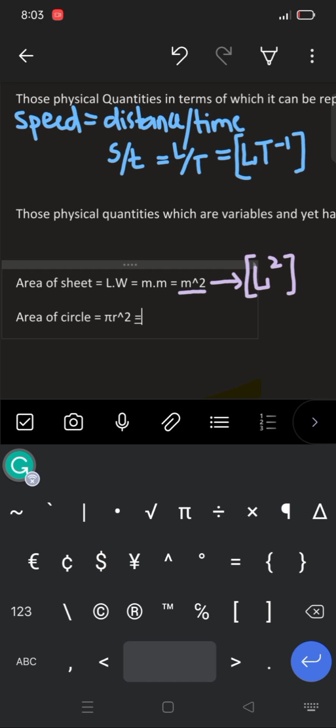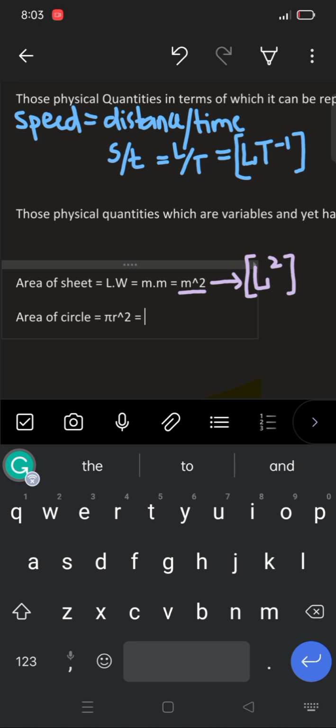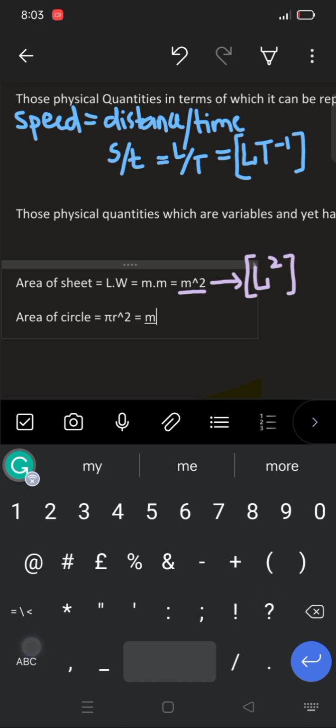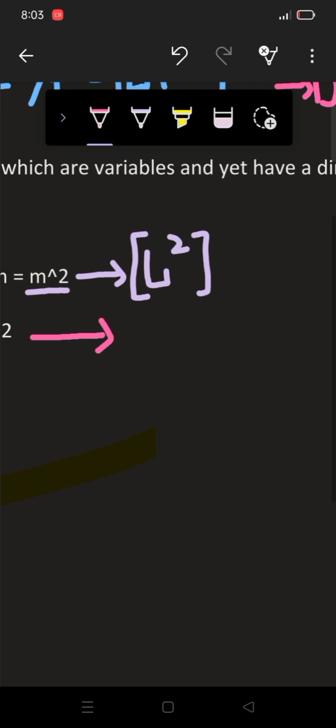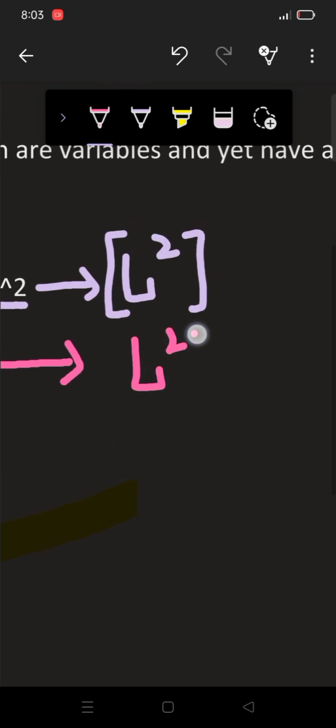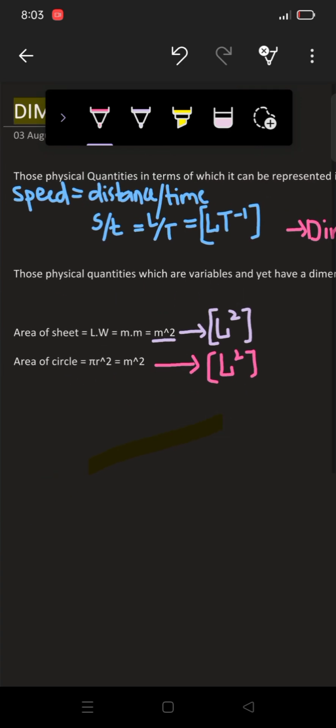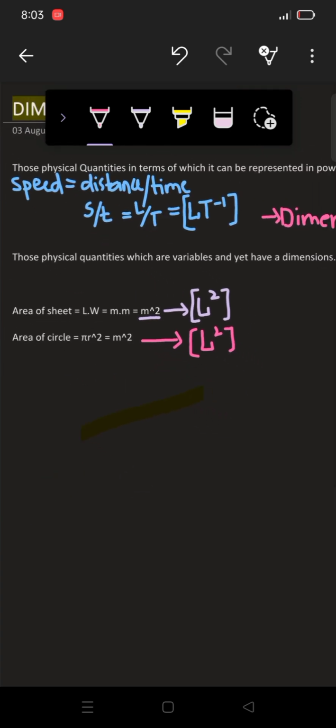So r square, the radius has the unit meter as well, so meter square, and the dimensional formula of this would be again L square. So the dimensional formula of area of sheet is the same as the area of circle: L square, L square. Now let's go with volume. Let me write that here.